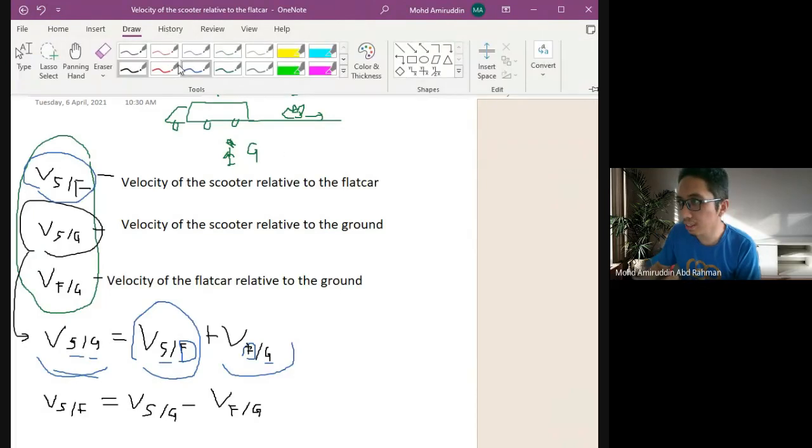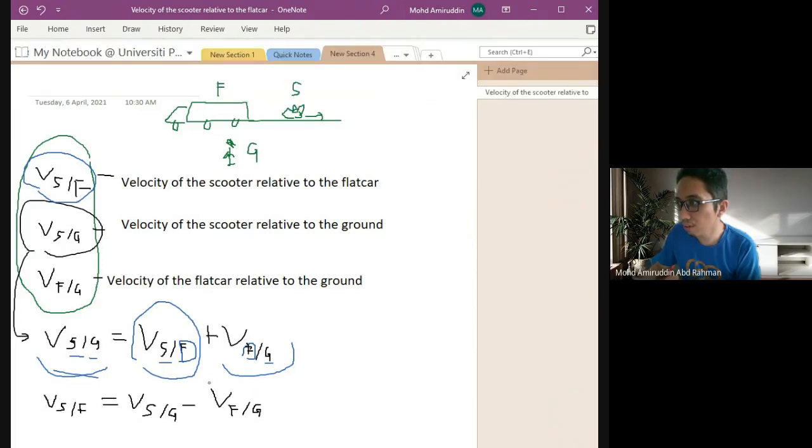So we are given this value. All right, so we need to solve for VSF.